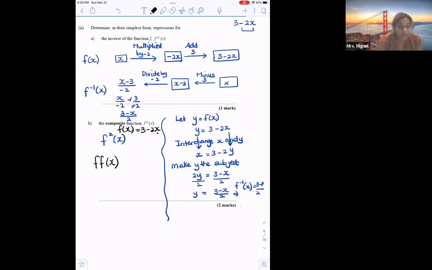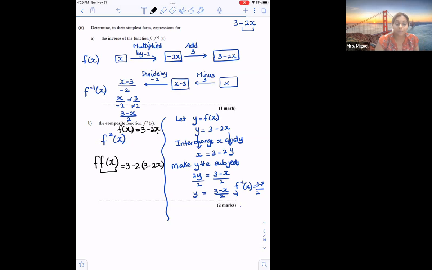We are going to substitute with my whole f of x function. So the 3 stays the same, the negative 2 stays the same, and in place of the x, I am going to substitute the entire function, 3 minus 2x.